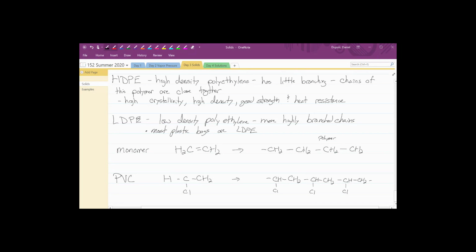That's how they link up. And PVC pipe is pretty common. And that's all the solids we're going to do.